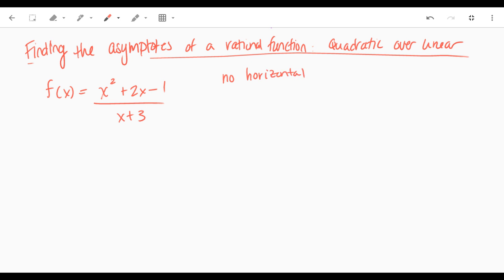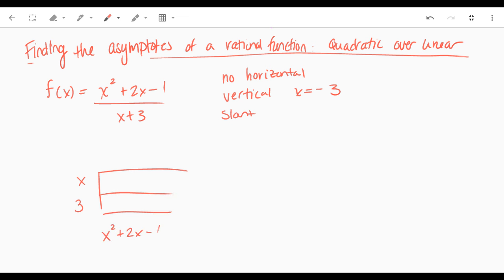Vertical, again, the denominator would be 0. So that will be when x is negative 3. Okay, and then to find that slant asymptote, we do long division. Okay, so our slant, we're going to divide. So we're going to take x plus 3 into x squared plus 2x minus 1. And again, for slant, we divide and we just ignore the remainder.